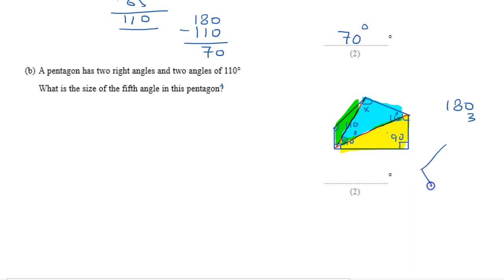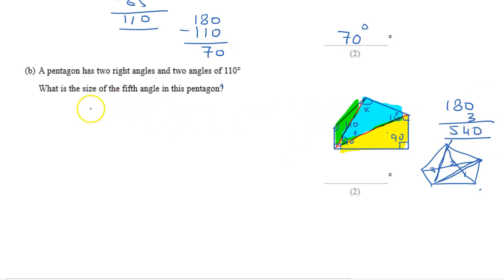When you draw the triangles, you start from one point. You're not supposed to start 1, then 2, then 3, then 4. Just make any one a starting point. So 180 multiplied by 3 is 540.